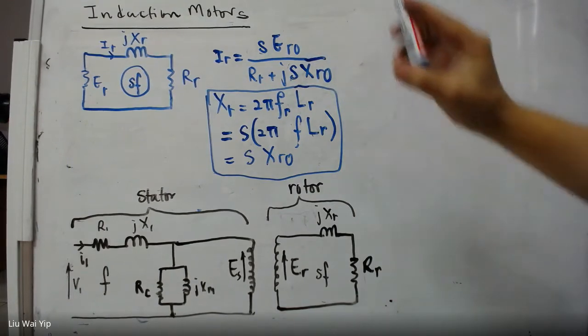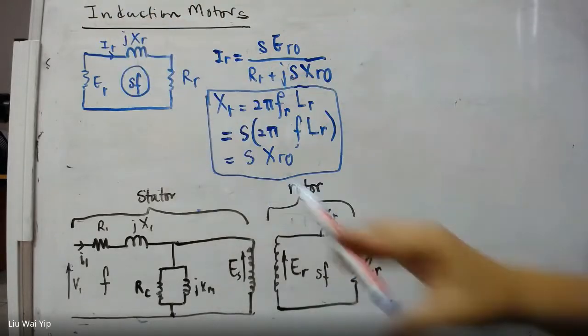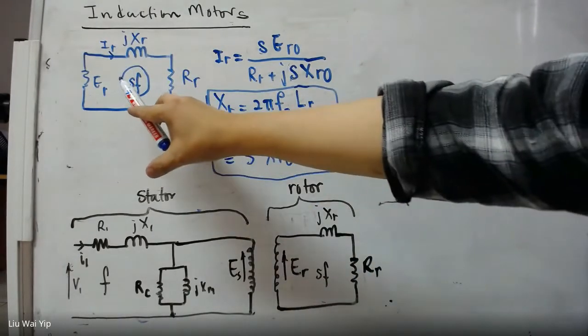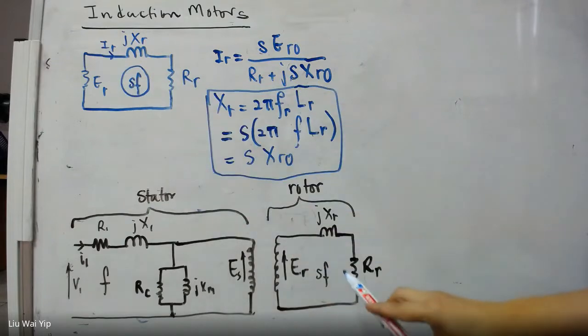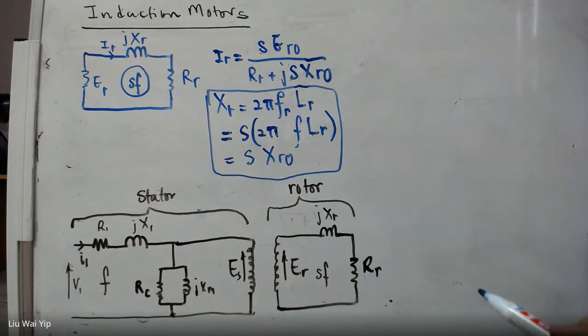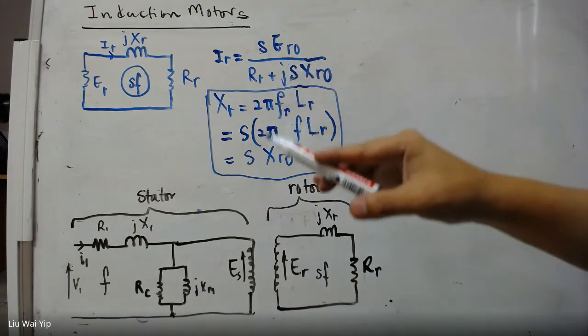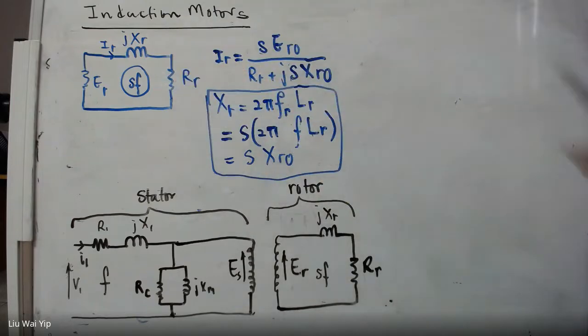So now you have this circuit running at a reduced frequency, and this reduced frequency depends on the speed. So can you normalize this circuit, so that it becomes almost independent of the angular speed?